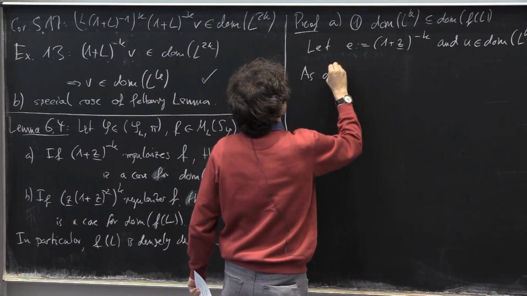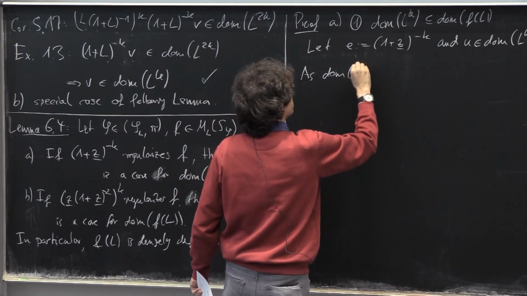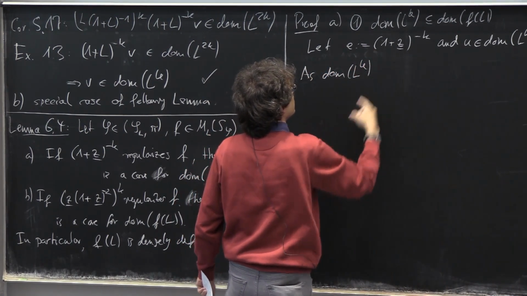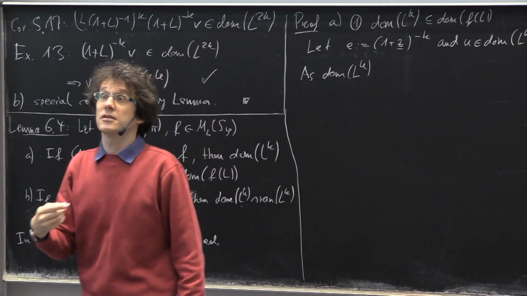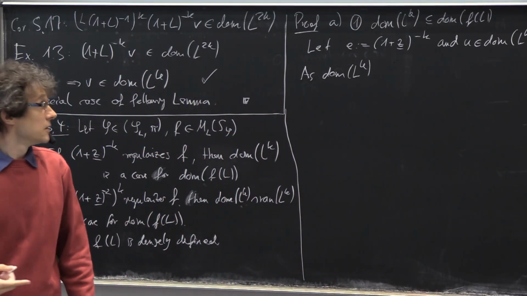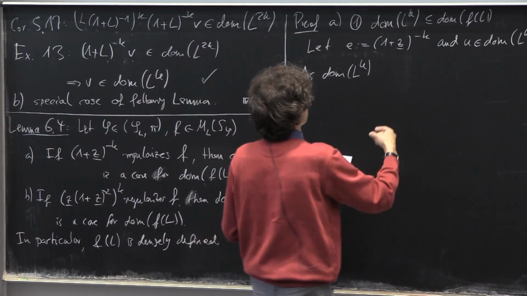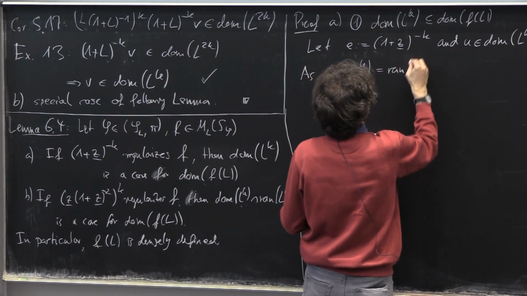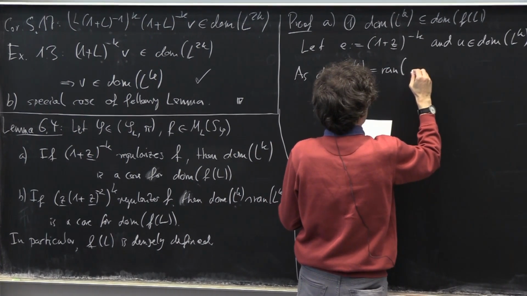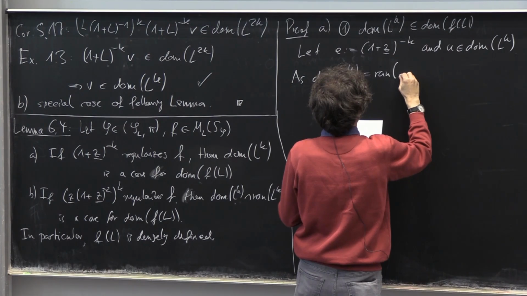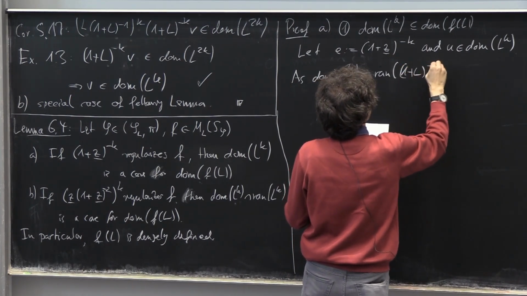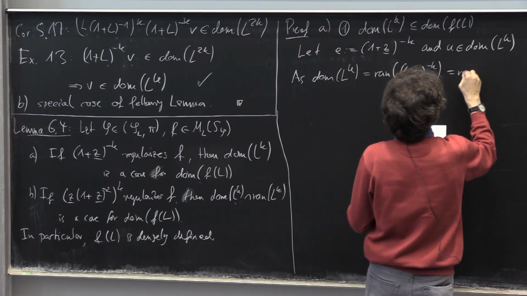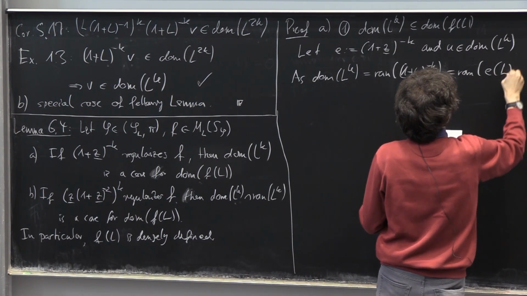So how is this domain of L to the power k linked to this function? Now this function is a power of a resolvent. So again, this domain of L to the k is nothing else than the range of this function e. So the range of (1 plus L) to the minus k, and this is the range of e of L.